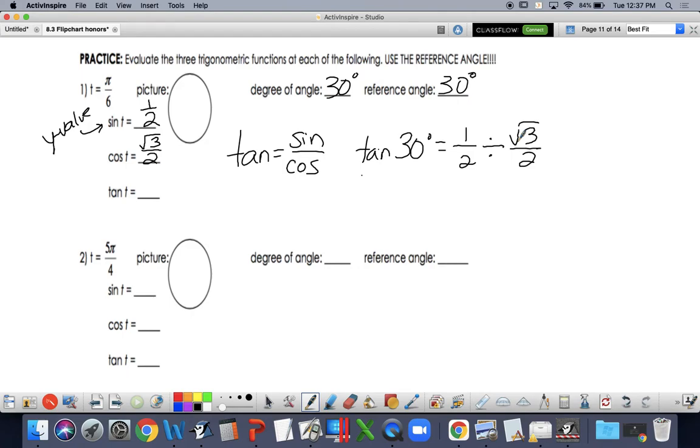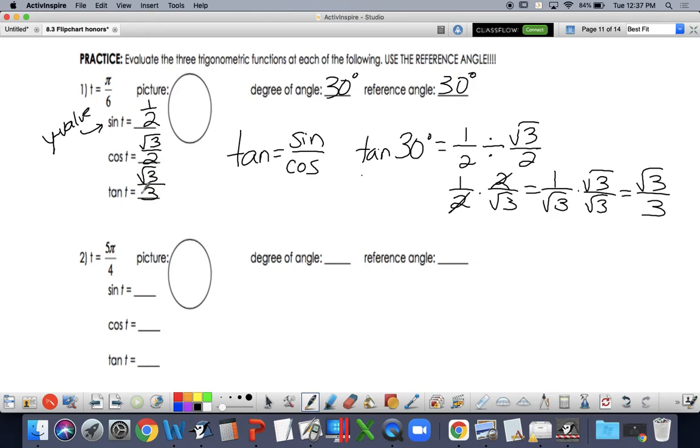And of course, let's all remember how to divide fractions. We keep the first, change to multiply, flip the second. I get 1 over the square root of 3, which is square root of 3 over 3. That's probably the longest one that you will see, which is why I encourage you to potentially memorize those. If you have those reference angle, sine, cosine, tangent memorized, it'll help you out quite a bit.